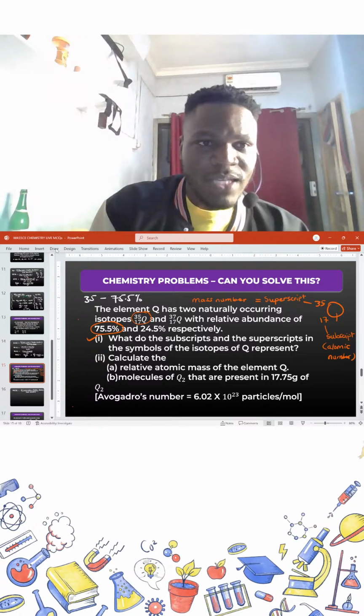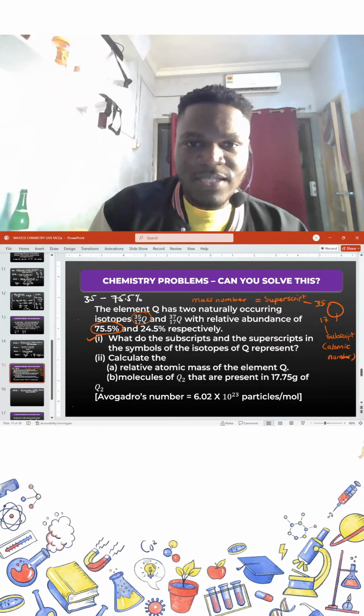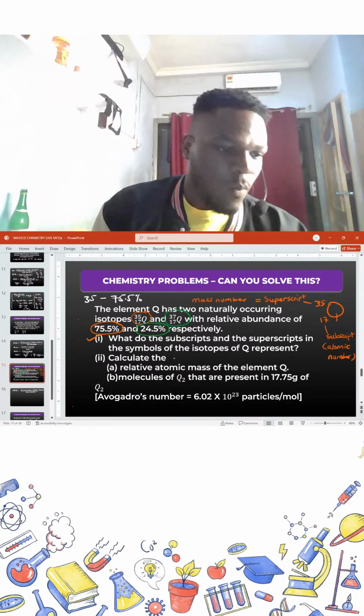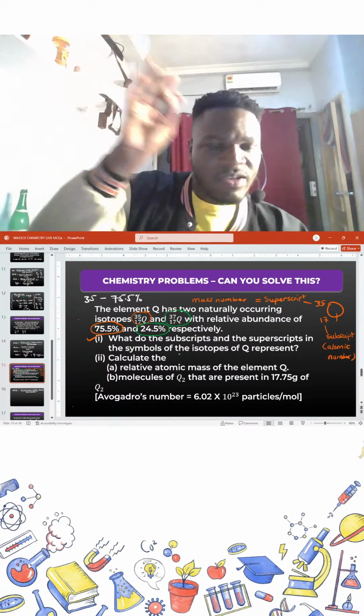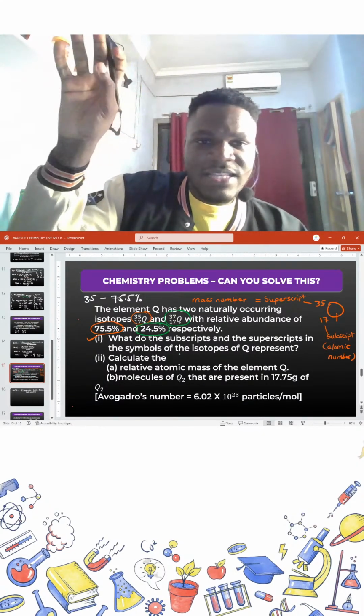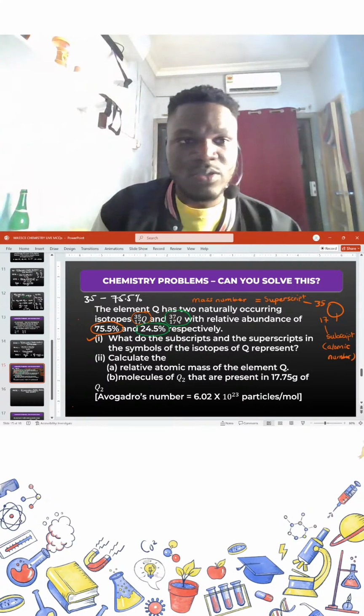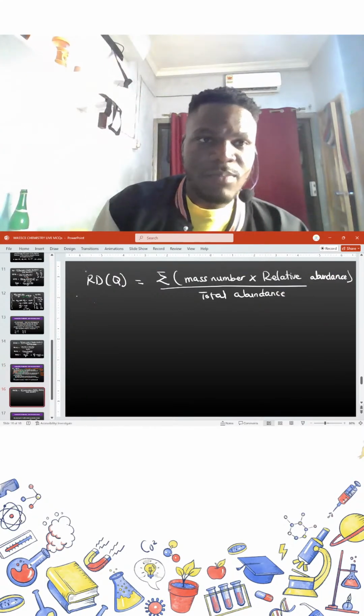For the isotope 37, let me use a different color for that as well. This is the relative abundance, 24.5%. So now that we know 35 is 75.5 and 37 is 24.5, let's proceed to look at the solution to this problem.